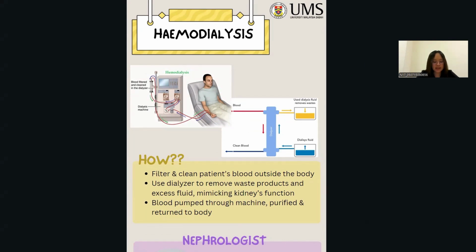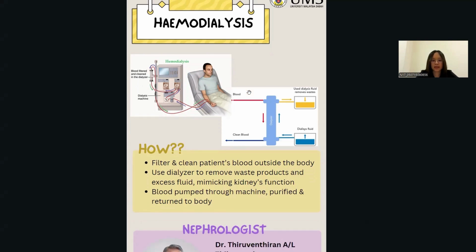Basically, the dialyzer will filter and clean the patient's blood outside of the body using this machine. So this dialyzer will be used to remove the waste products and also excess fluids to somehow mimic the kidney's function. And the blood is pumped through the machine, purified, and later on returned to the body. It's actually like simulating the function of the kidney.